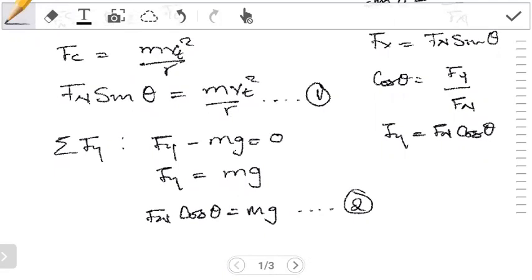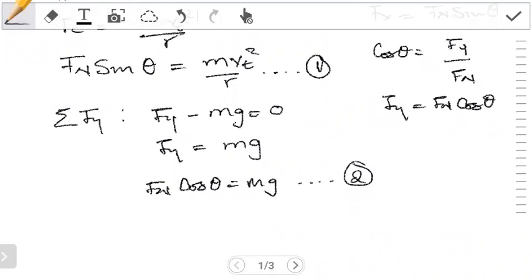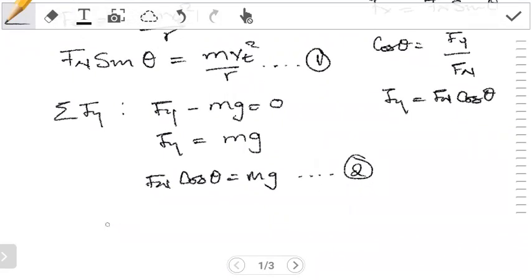So from this stage, you can work out equation 1 and equation 2 in whichever way that you prefer. I feel for me the easiest is I can divide equation 1 by equation 2.